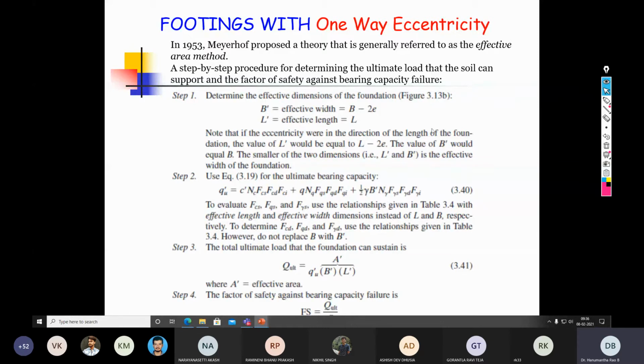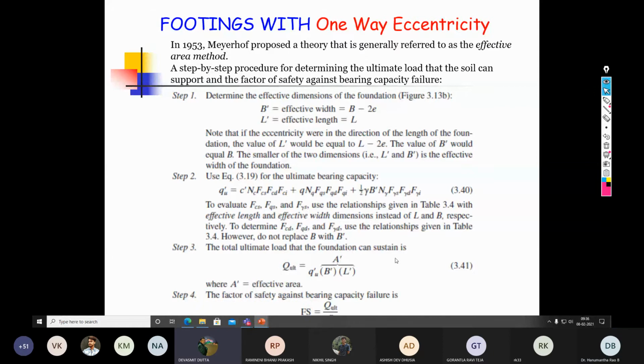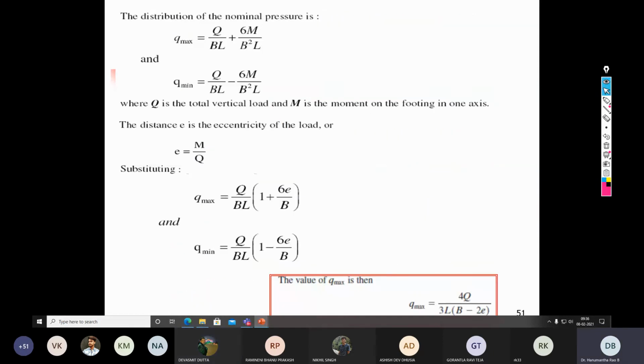Sir, the last equation, how does it react, sir? Can you please repeat your question? So this Qmax equal to 4Q by 3L(B minus 2e). You don't need to remember this equation.